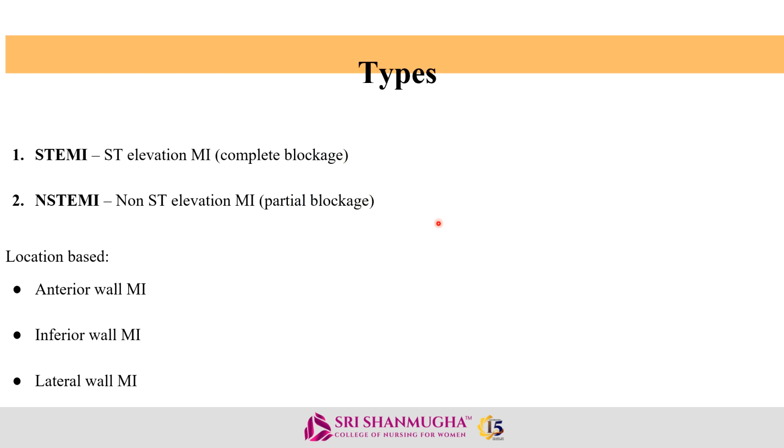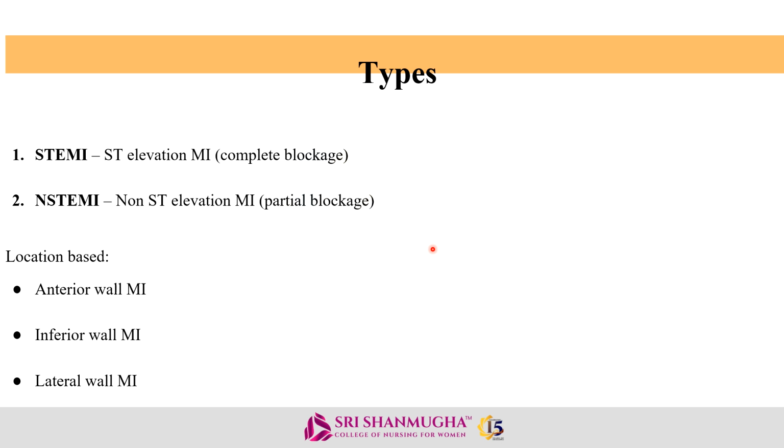Coming to types of MI, based on the ECG reading, we have STEMI and NSTEMI. STEMI is ST segment elevation myocardial infarction, where in the ECG recording there will be elevation of the ST segment which indicates complete blockage, whereas in NSTEMI there is no ST segment elevation, and the blockage is partial.